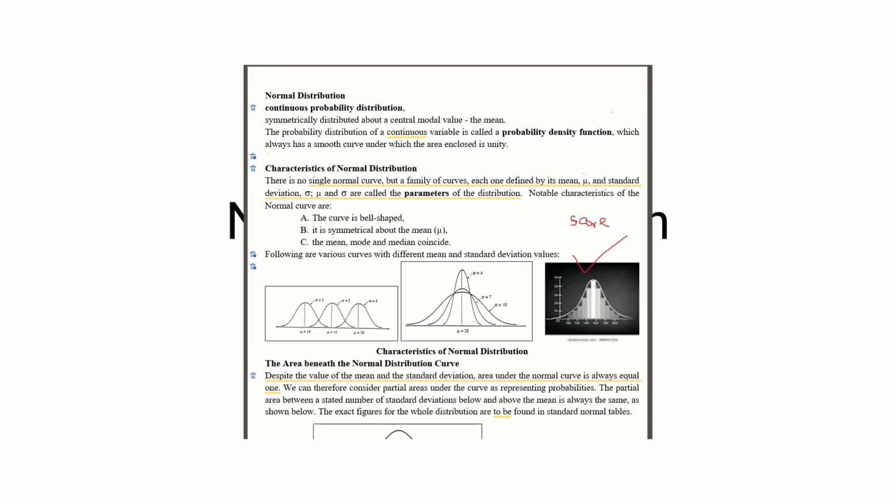Now, this is the modal score. This is the score that is more prevalent in the class, and therefore the number of people that got this score is higher than any other score, and this score is now in the middle. Now the other highest score is this one, followed by this, then till the end of it.